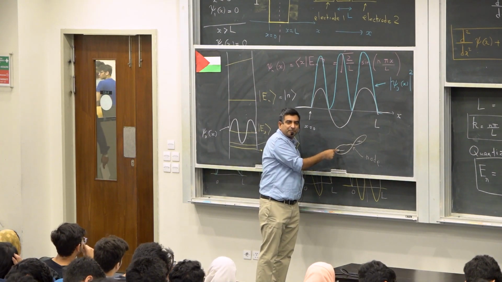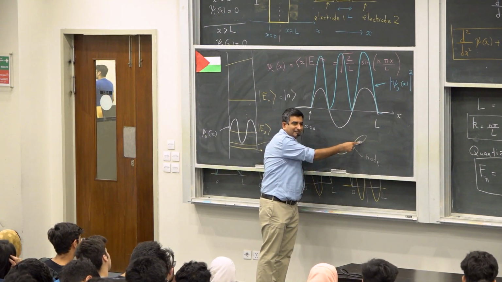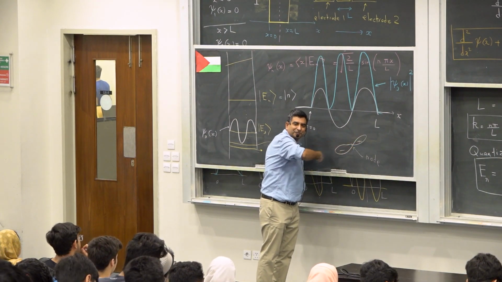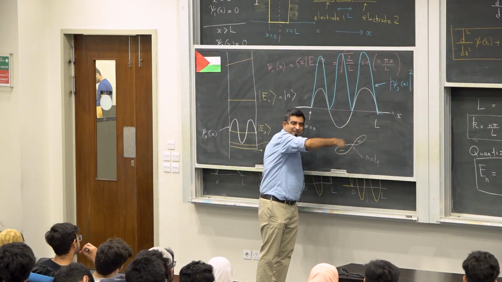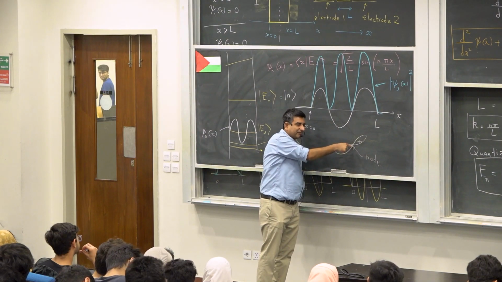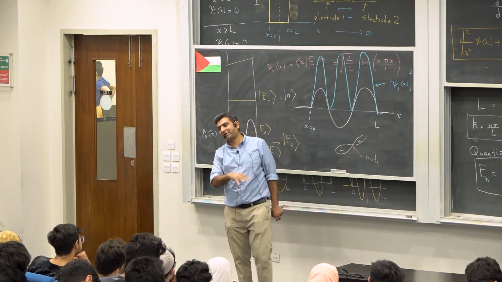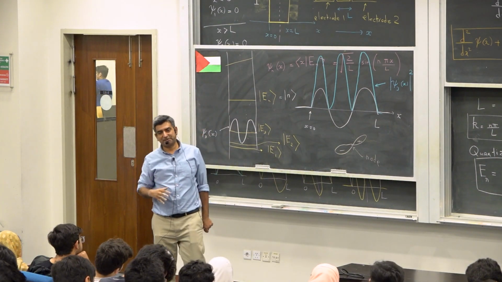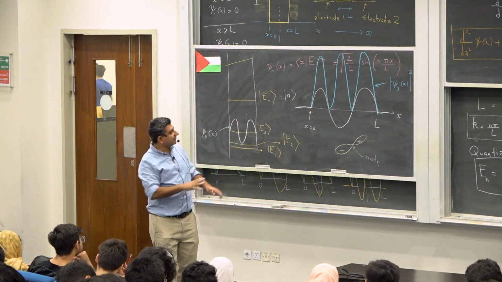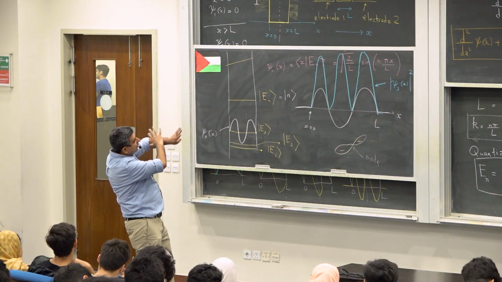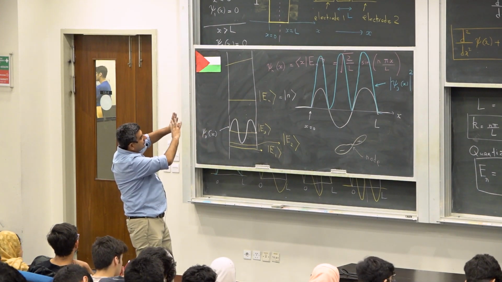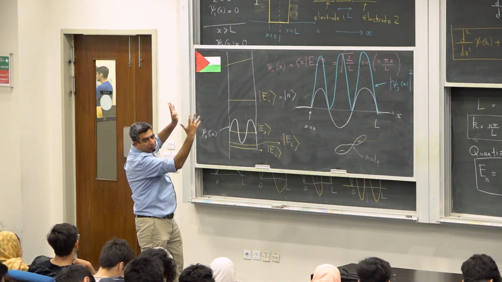there's some finite probability of locating the particle here and here. But how does it move across the nodes? If it moves across the nodes, there must be some finite probability of locating the particle here. But that's not how we look at electrons. That's not how we look at quantum systems. This is a wave function, a total picture of this wave function at one point in time.